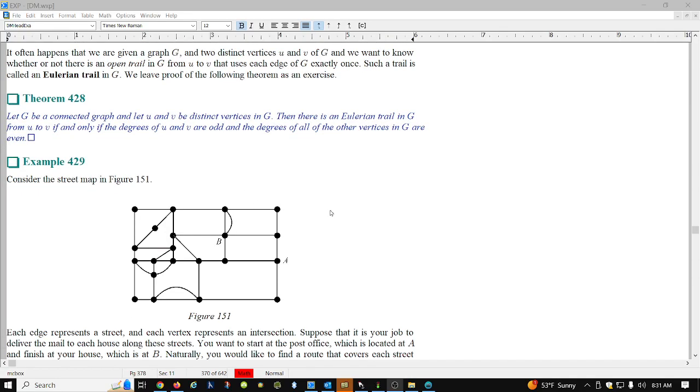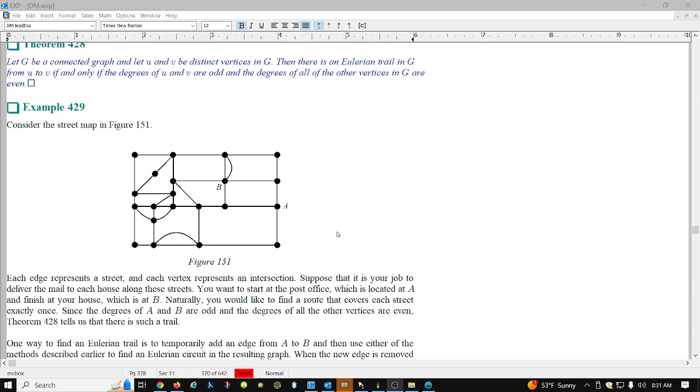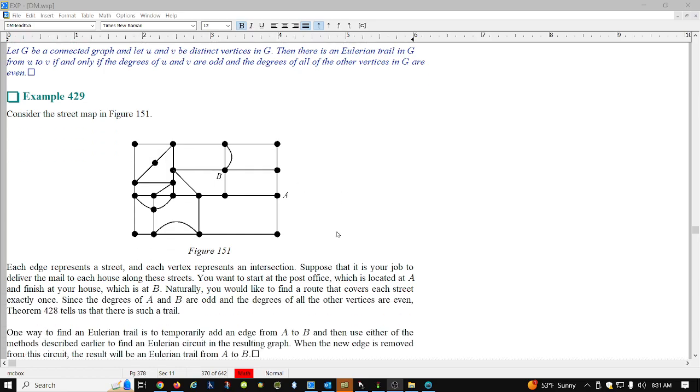So here is a street map. Each edge represents a street. Each vertex represents an intersection. And suppose it is your job to deliver the mail to each house along these streets.